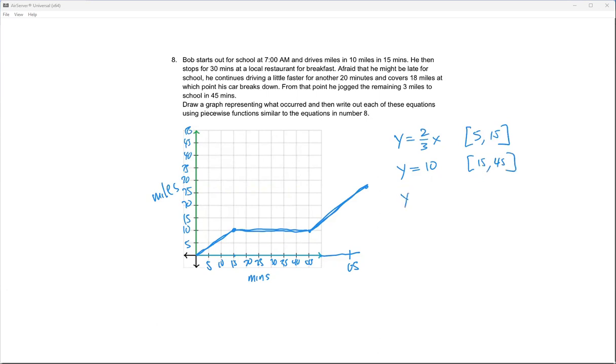And y would equal, you go up 5 over 1, that'll be at x minus, I have to find the constant, but between 45 and 65.